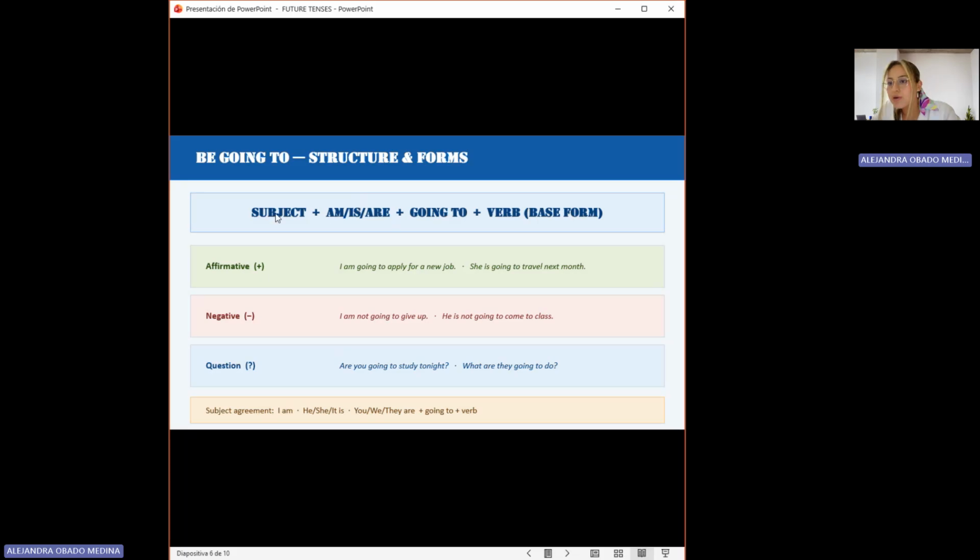Para dejarlo un poco más claro, la diferencia con la estructura del will es que utilizamos el sujeto más el verbo to be, dependiendo del sujeto, el going to y el verbo sí lo manejamos igual, en su forma base.